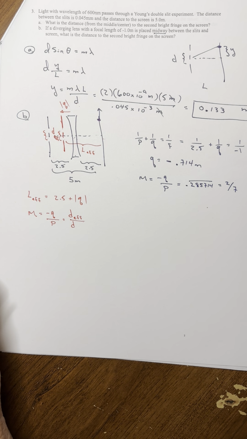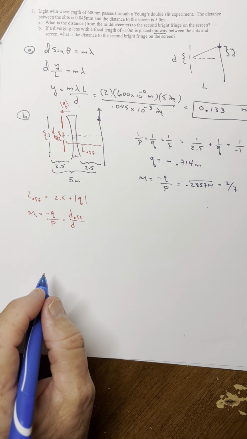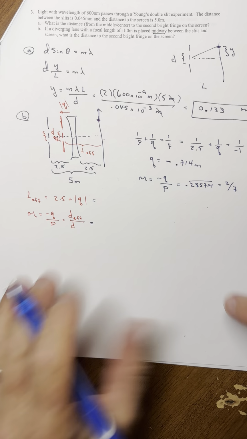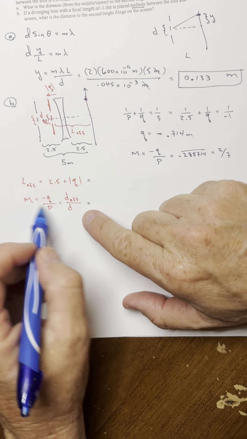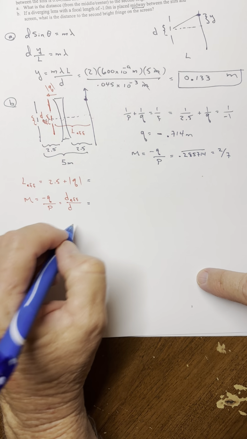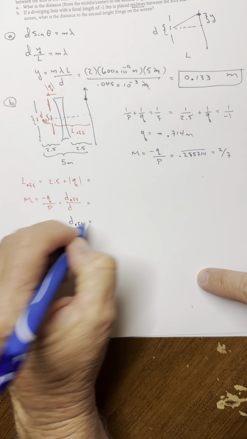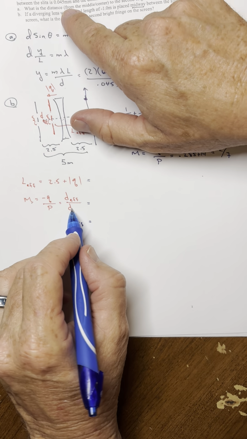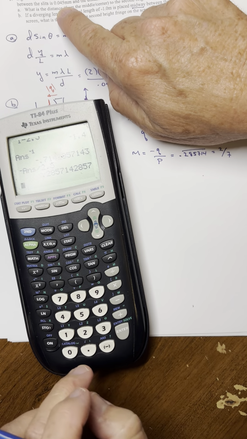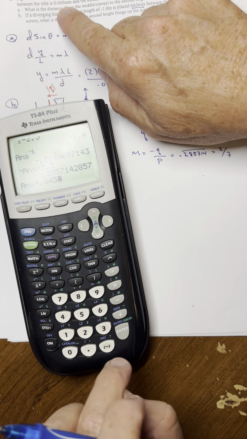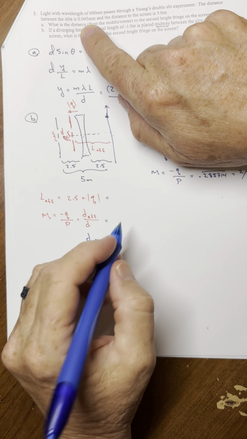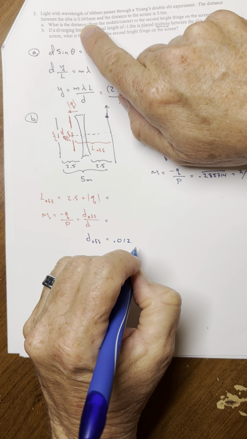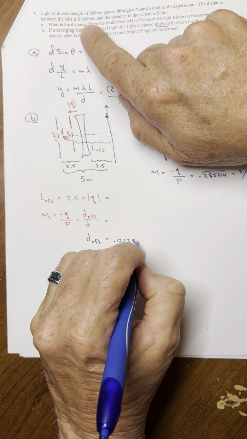So there is the magnification, and that allows me then to come back to our earlier statement. And as long as I have the magnification in here, let me calculate the effective D here by taking the magnification and multiplying it by the D. The D was 0.045 millimeters. So now this is going to be a 0.01287.